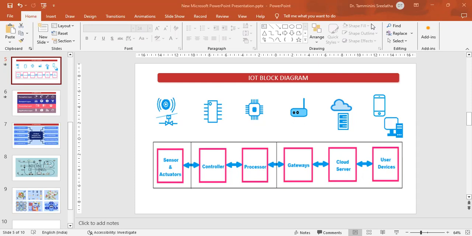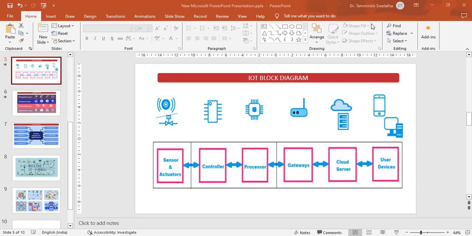So I can say that the input will be applied to the sensor, then we can expect the output from the actuator. So sensors and actuators play an important role in our IoT. So we need our sensors and actuators.